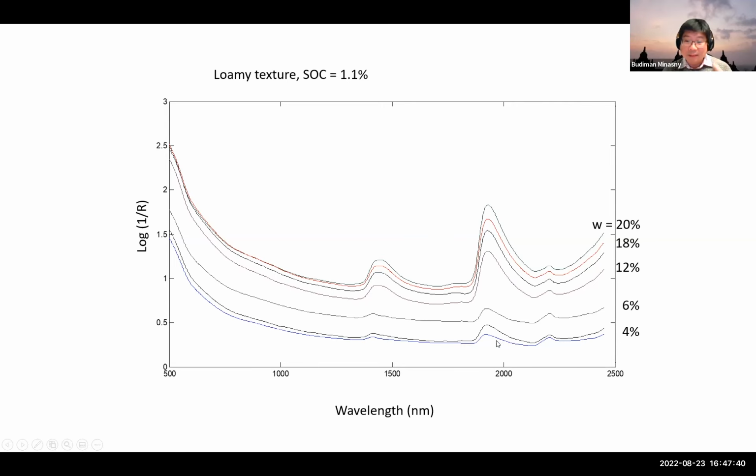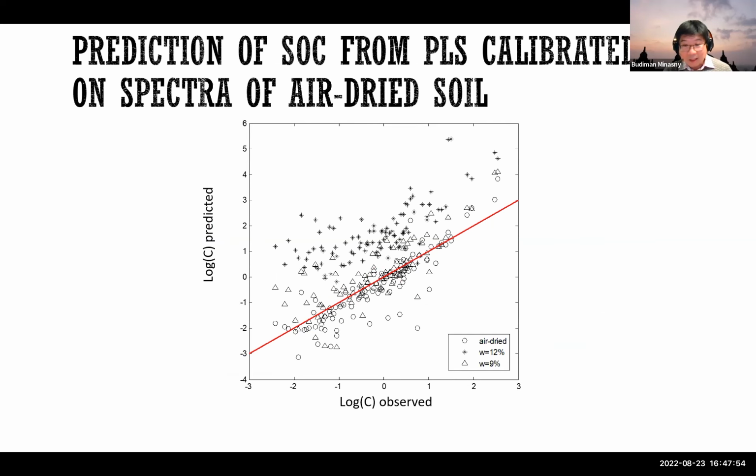And particularly we see that the water absorption bands at around 2400 and around 1400 nanometers depend on the moisture content. So when you go out in the field at different moisture content and you make predictions using the spectral library, which is calibrated on lab samples, you will get different results. This is just a prediction.